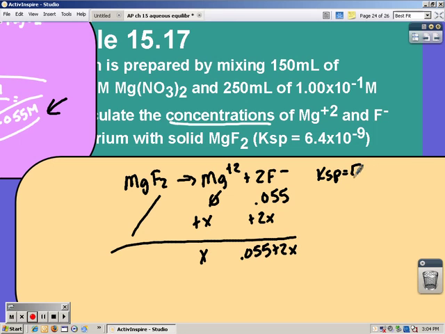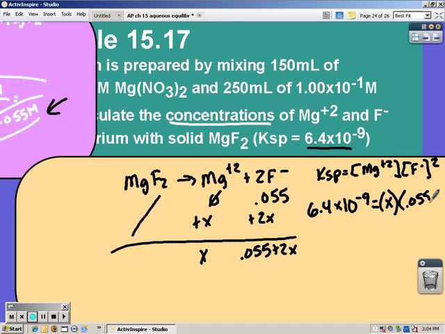Plug it into our KSP expression. We can ignore the plus 2x, but we can't ignore the squared on that.